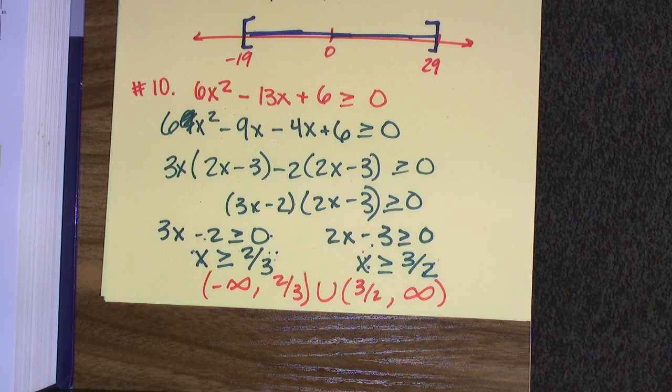Find a number between that, because it looks like it should all be going that direction. But pick an easy number that you do know is between there. 1 is in between, that's why I plugged in 1. But if I plugged in 0, then I would get 6 is greater than or equal to 0, which is true.